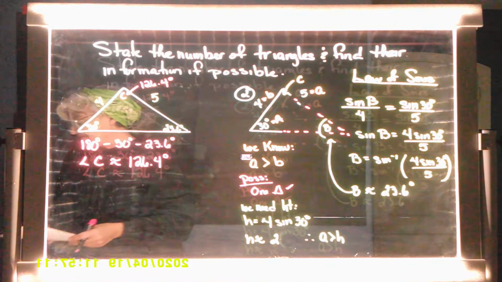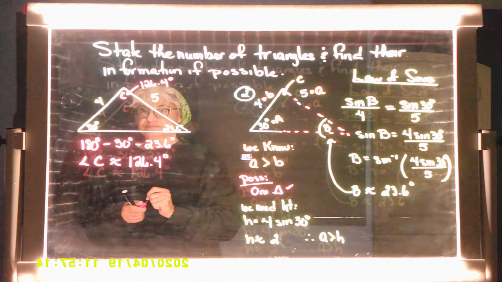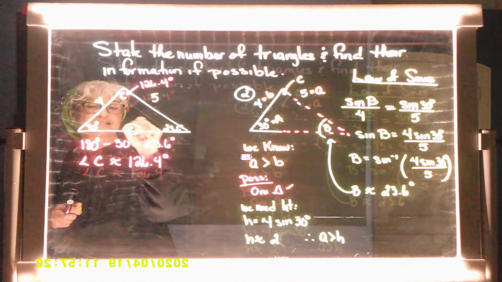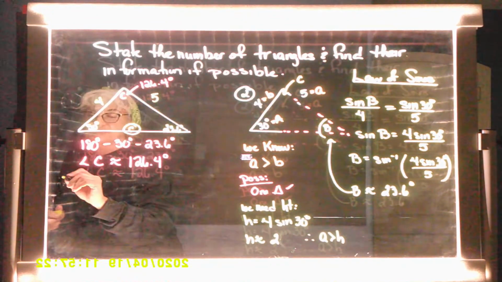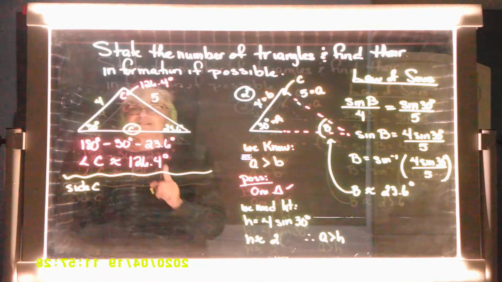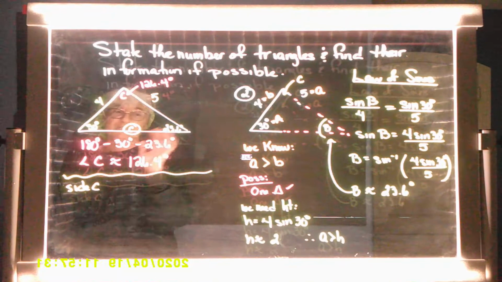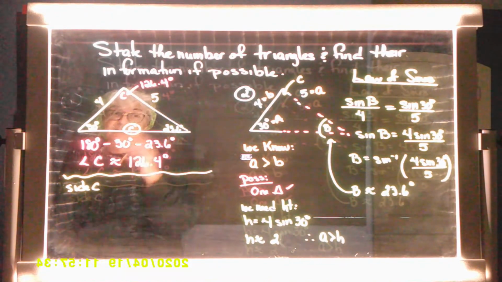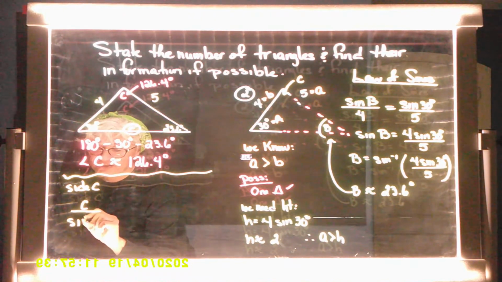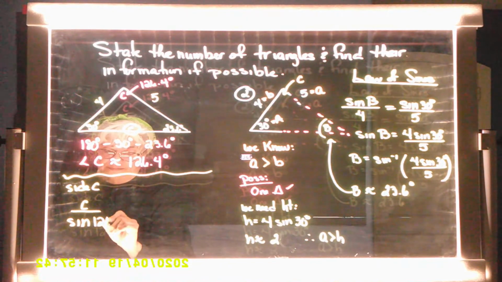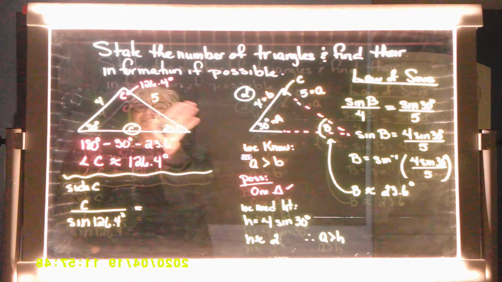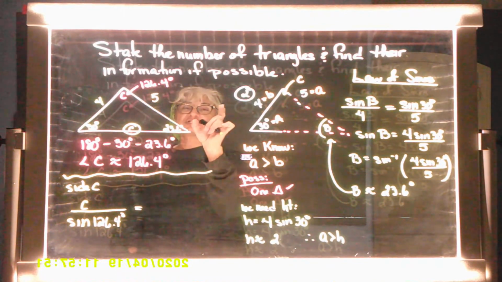Okay, so I found angle C, good, but I still need to find side C. I need to know the measurement of side C. So here's the deal. To find side C, I'm going to stick with, obviously, the law of sines. So side C would be over the sine of the angle opposite, wouldn't it? And then I can choose any other proportion or ratio that I want.